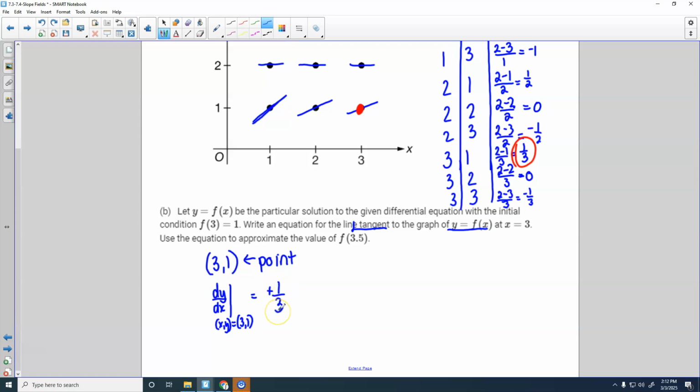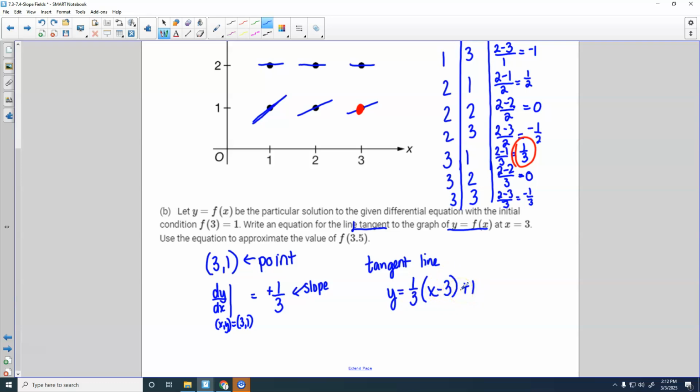You don't necessarily have to show the work since you've done it earlier, but do label it so you have that there. This is your slope. So your tangent line will be y equals 1/3 times x minus 3, plus 1.